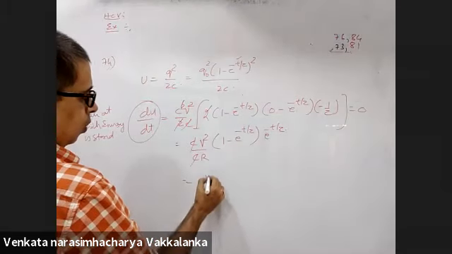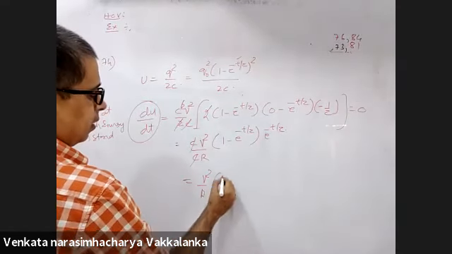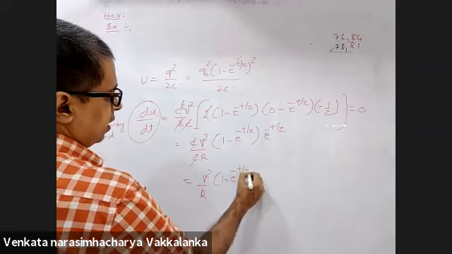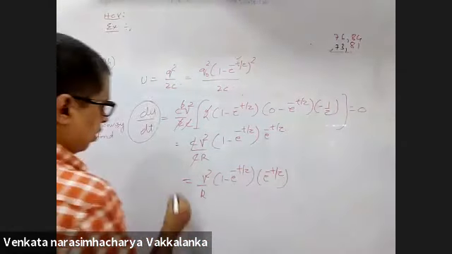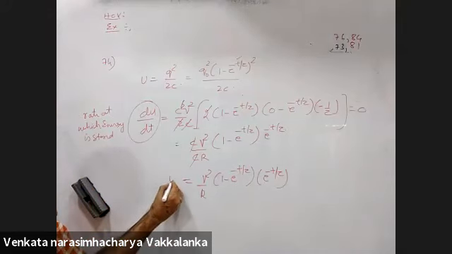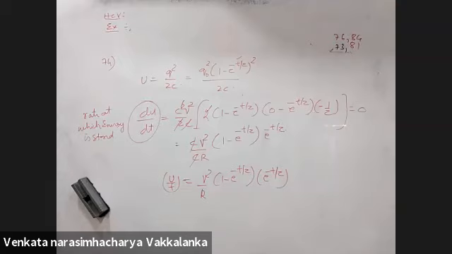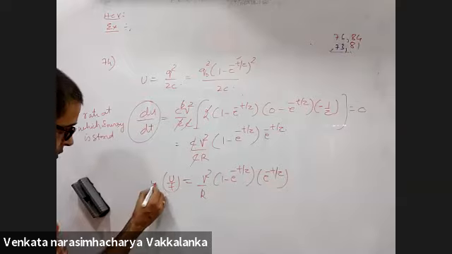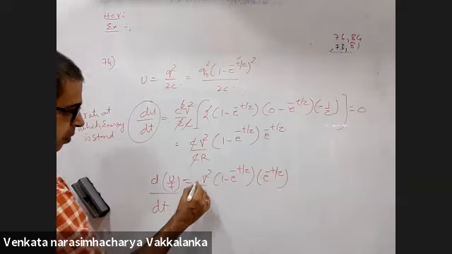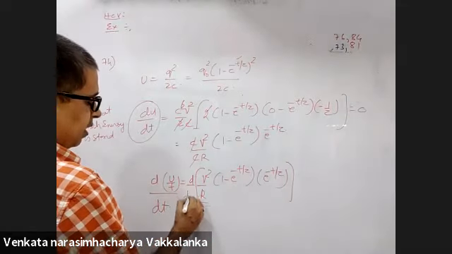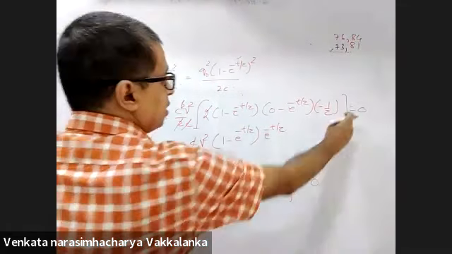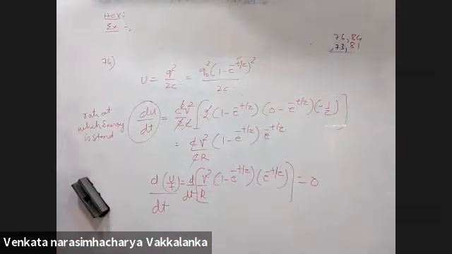C will go, V square by R, 1 minus e raised to minus t by tau into e raised to minus t by tau. This is the rate dU by dt, the rate at which energy is stored. Now you want the maxima of this, differentiation of this with respect to time. D by dt of this I should equate to 0, not this. Is this what you mean to say?